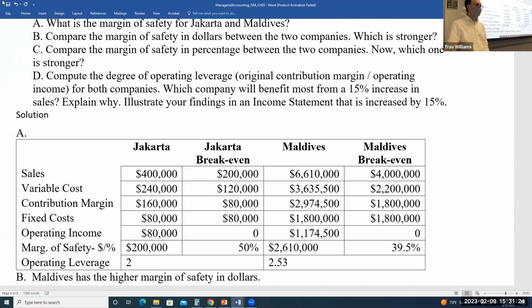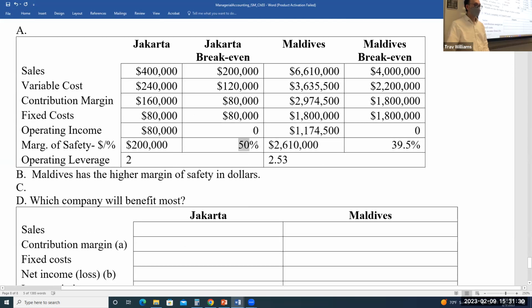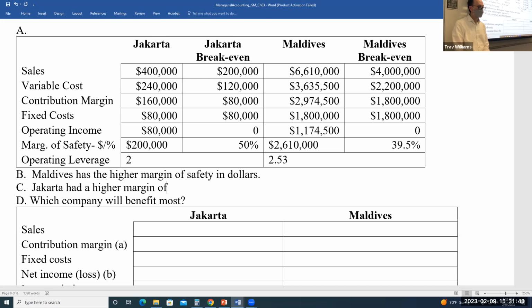C, we can compare the margin of safety in percentage. Well, Jakarta had a 50% margin of safety compared to Maldives had only 39.5, right? Jakarta had a higher margin of safety percentage.